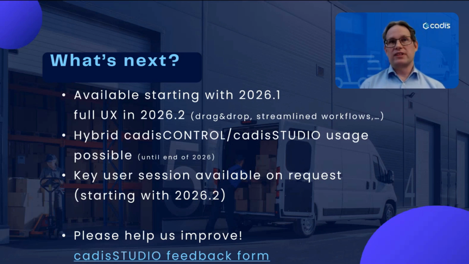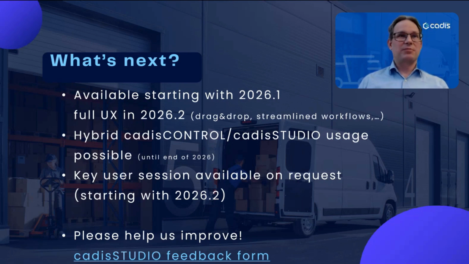We have full parity in user experience, which includes really important stuff like drag and drop and improvements in the workflows for the users, confirmation menus that close automatically if there is no problem, things like that. So 2026.2 is really the version that we think will make users who are used to cadisControl quite happy.